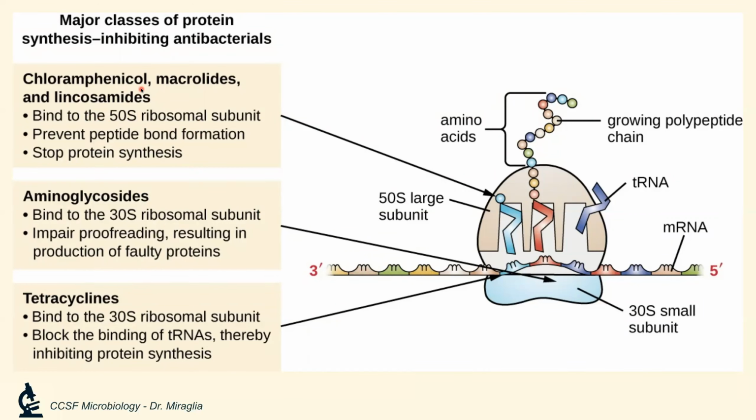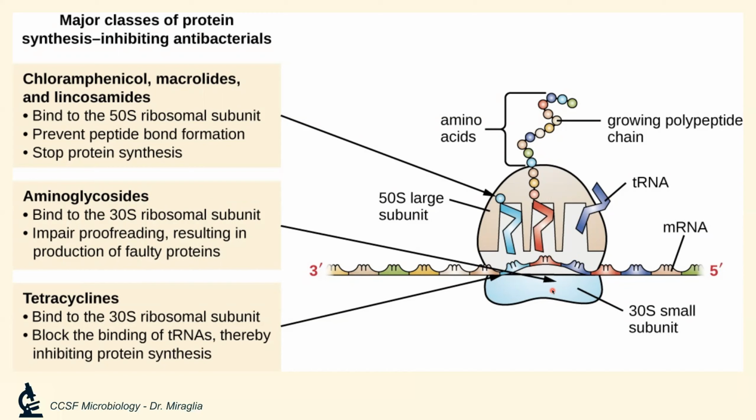Chloramphenicol, macrolides, and lincosamides bind to the 50S ribosomal subunit, and they prevent peptide bond formation, so they're going to shut down protein synthesis. Aminoglycosides bind to the 30S ribosomal subunit. They impair proofreading, so sometimes the cell can make proteins, but the proteins are all messed up, so they don't work.